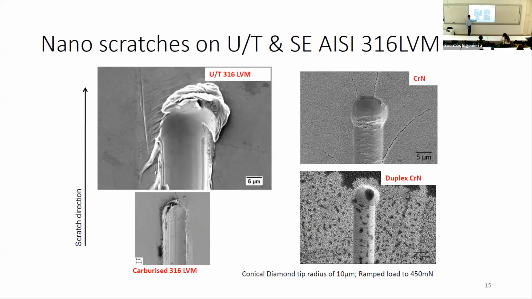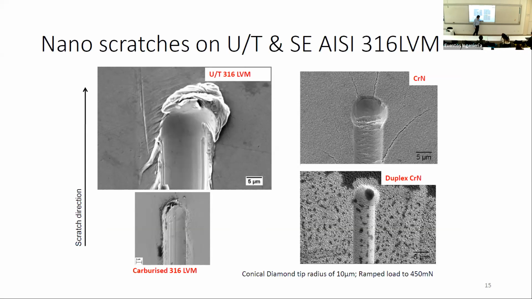The carburized, we're still getting deformation, but much less, of course, because it's harder. Over here, we have the chrome nitride. We could see some transverse cracks inside the scratch track and some cracks emanating from the surface. So it shows that the deformation was sufficient that now the coating is failing.